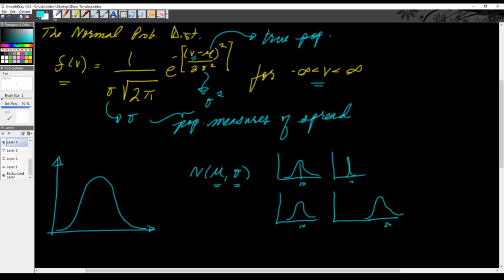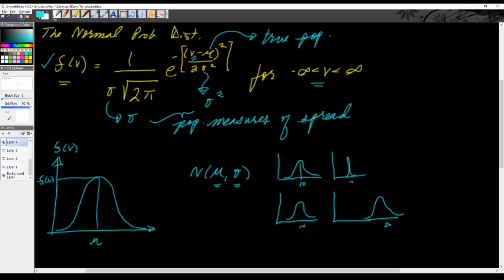Okay, some important properties of the normal curve. It's centered on the mean, mu. The mean corresponds to the highest point on the curve. So the highest point is the mean, and we can solve for that relative probability using our normal probability density function.